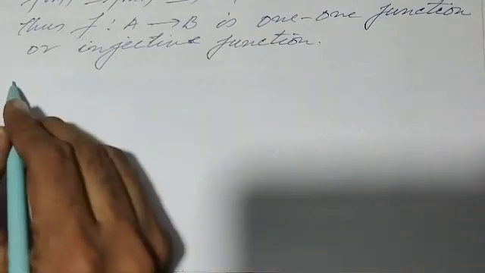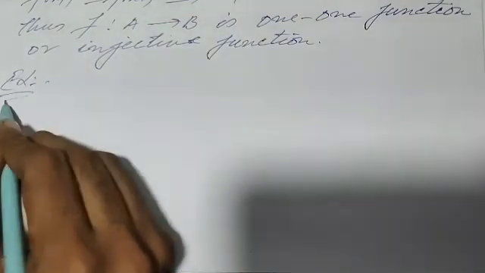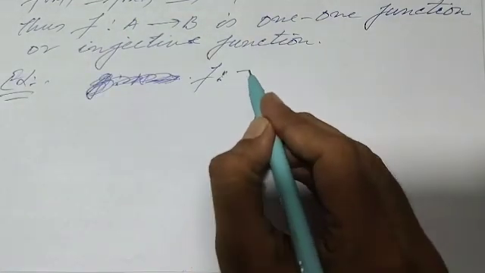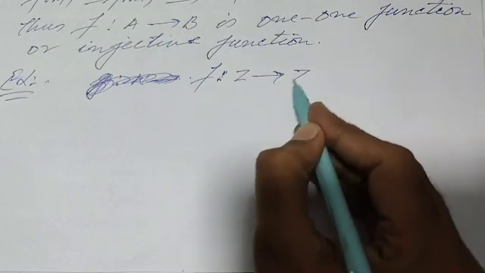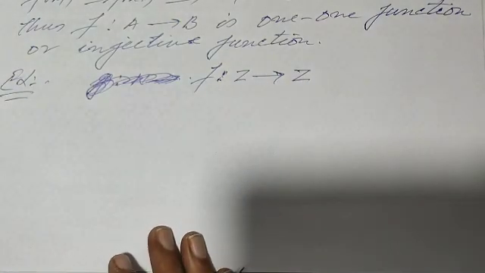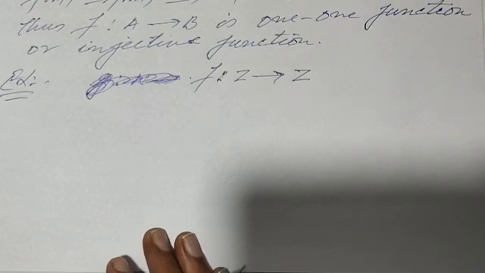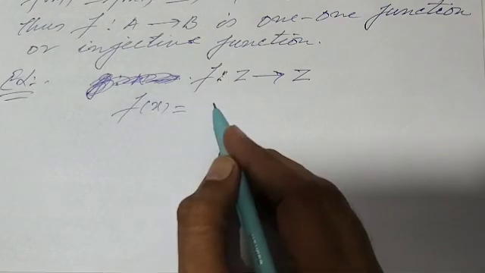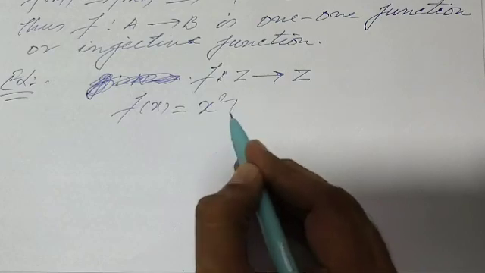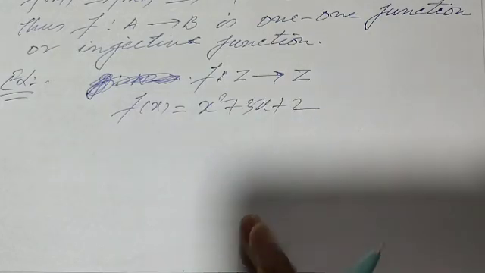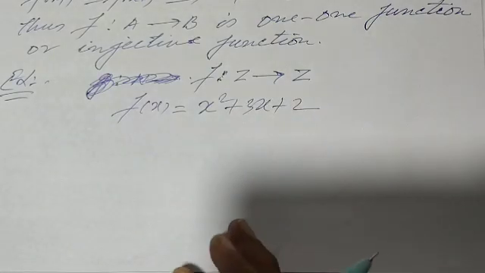Now let us take another example. The same function from Z to Z. This time we have taken domain and codomain both as the set of integers. Though we are taking the same function x square plus 3x plus 2 as we have taken in the previous example.